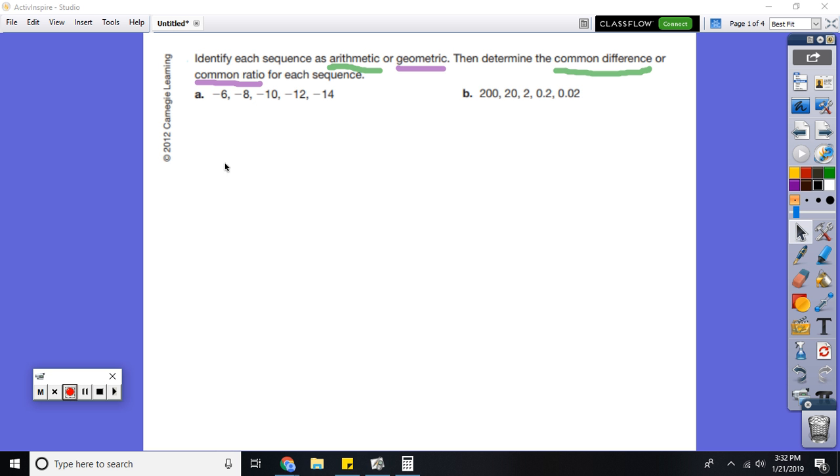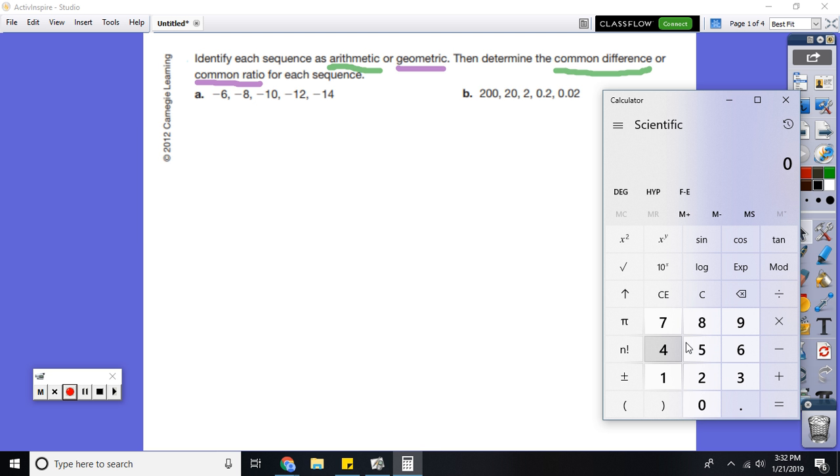So if I think that A is arithmetic, I can take the second term, subtract the first term, and that would give me the difference. So the first term was negative 6, and the second term is negative 8. Something's not right with this calculator.